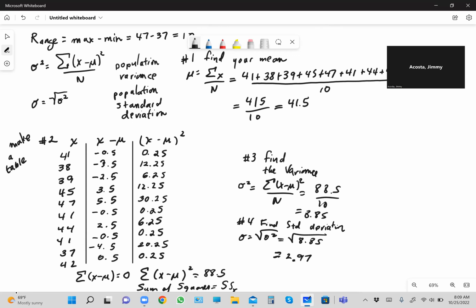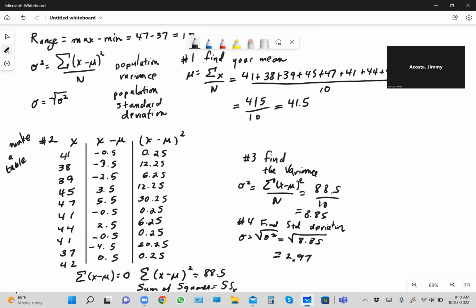So we find the mean, we find the center, and then we take the distance of each of those numbers from the center, we list them down, we add them and divide by the total amount of numbers, and then square root it because we had to square them. That's essentially what happened. I'll wait till some people are still writing, and then we'll do another problem and I'll explain it again.